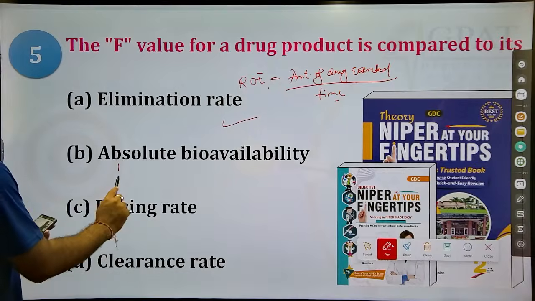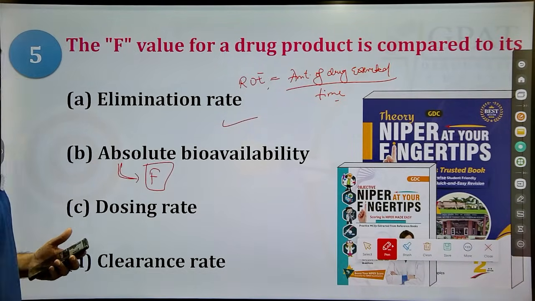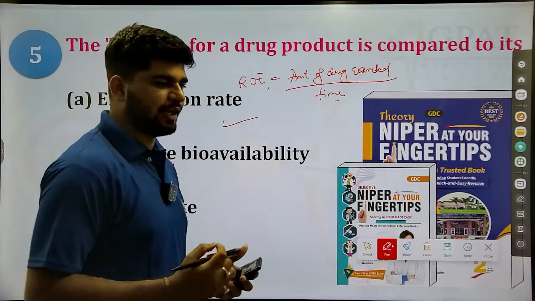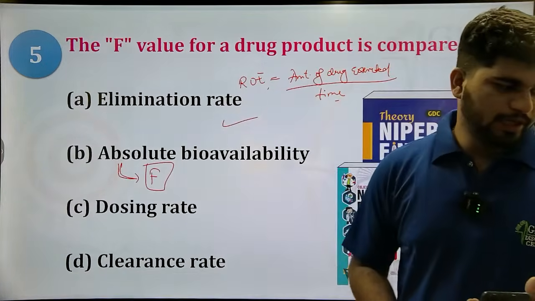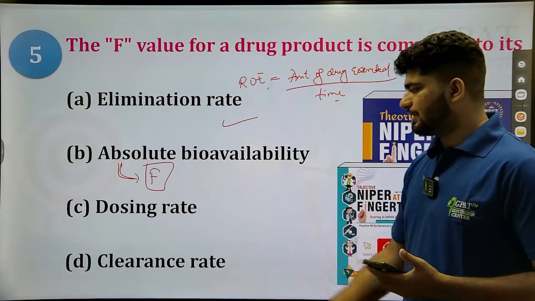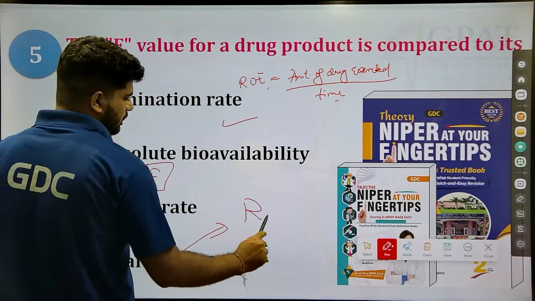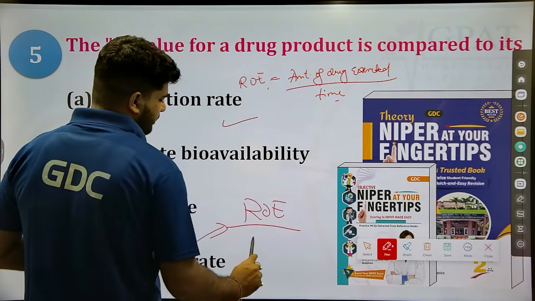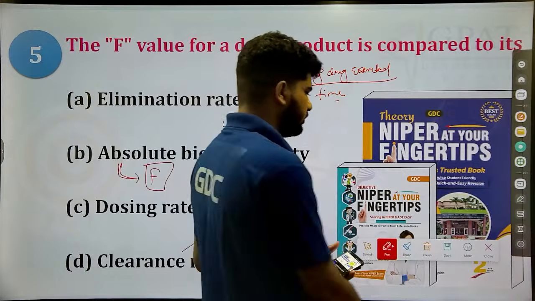Yes, exactly. That is considered through F. This is denoted by F only. The fraction of drug that reaches the systemic circulation is absolute bioavailability. Clearance rate is nothing but your rate of elimination upon plasma concentration. That's a simple formula for this one.